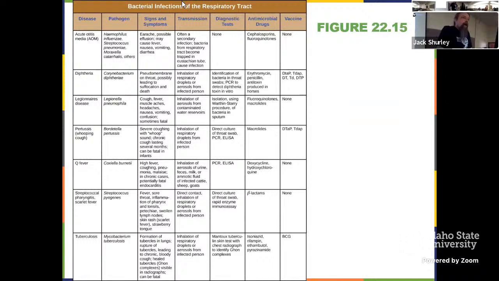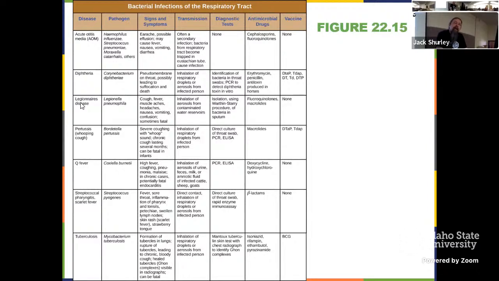Okay, so quickly with this table, a handful of things that we have talked about and a few we have not. All right. I mentioned tuberculosis as a re-emerging pathogen, something that we kind of thought antibiotics had put to bed, but that's really not the case.